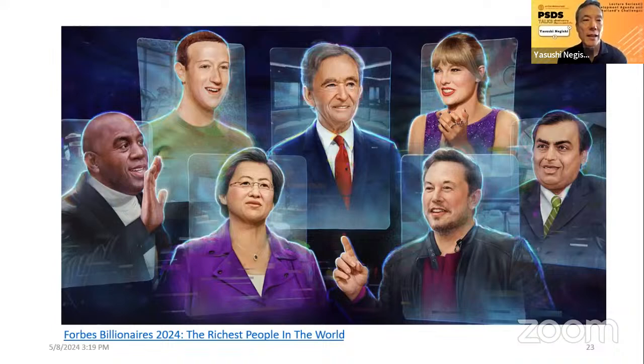And next, I think he's a former US professional basketball player, Michael Jordan. On the right-hand side, an Indian gentleman, the CEO of Reliance Group, a very rich person, the number 1 richest person in Asia.